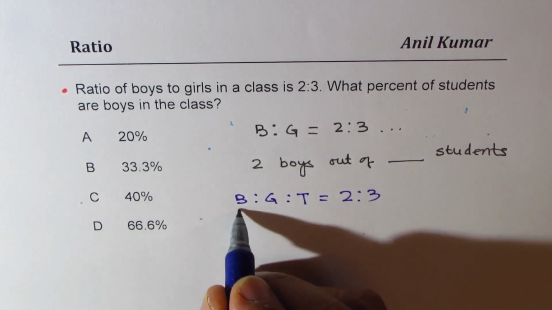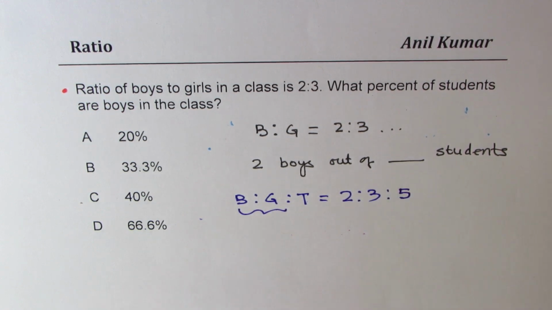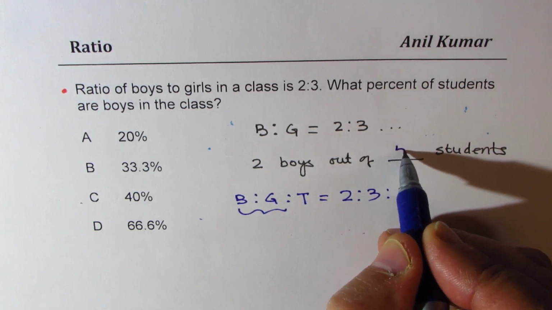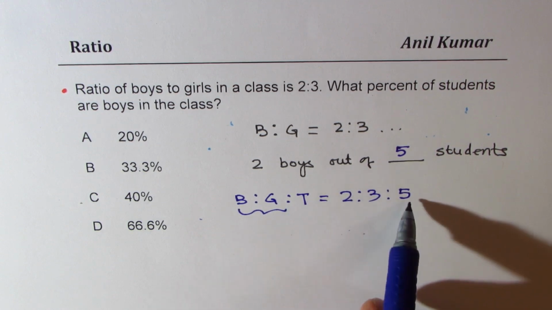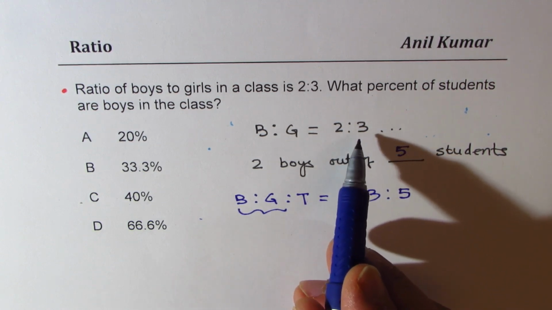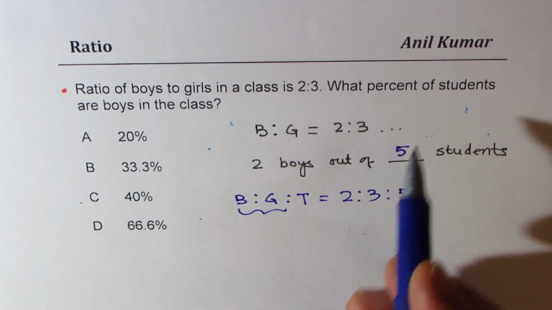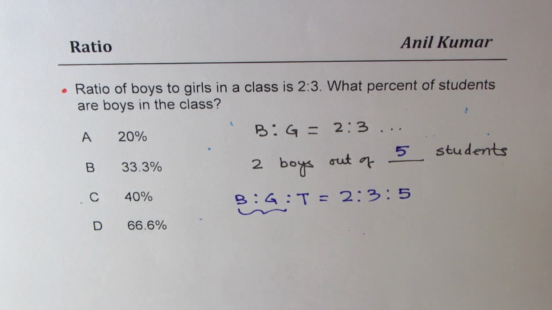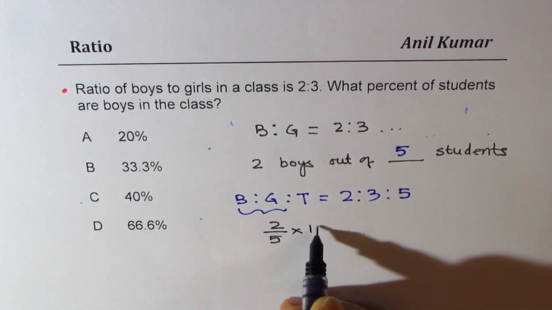Now total is the sum of these two, right? So we could write this as 5. Correct? So basically 2 boys out of 5 students. Once you figure out the total, which is not given but is understood, it is easy to find percent, right? So the percent is 2 boys out of 5 students. That means the percent is 2 out of 5 times 100.